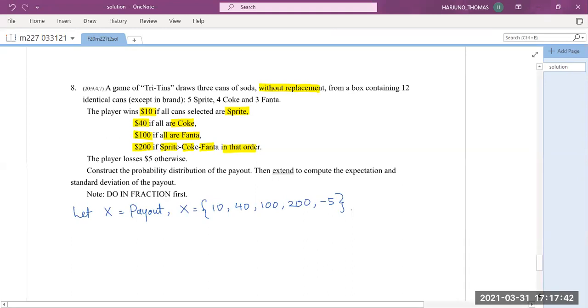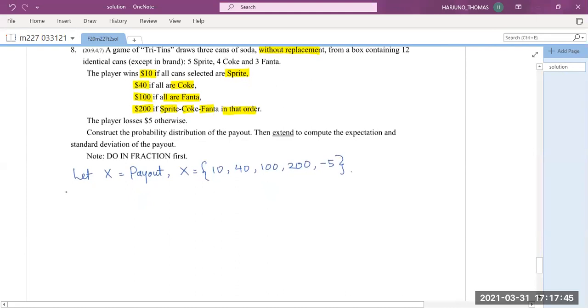Now, what is the probability that you get $10? You get $10 if all Sprite. There are 12 cans, right? 5 of them Sprite, the other 7 not Sprite. For you to get all Sprite means 3 of them Sprite and none of them not Sprite.